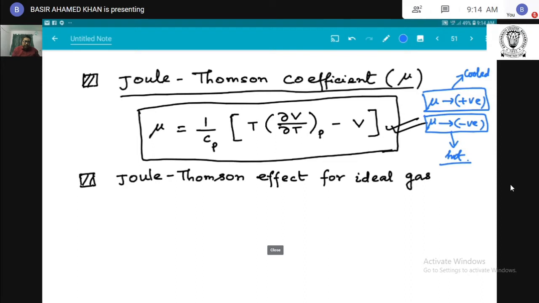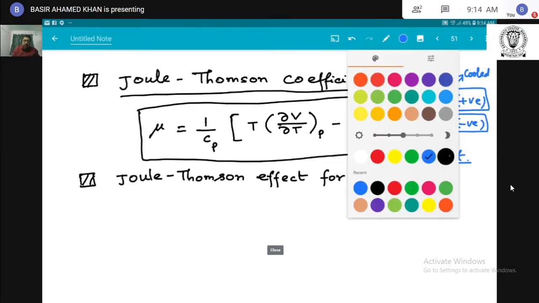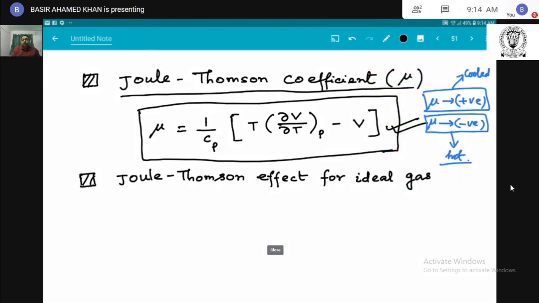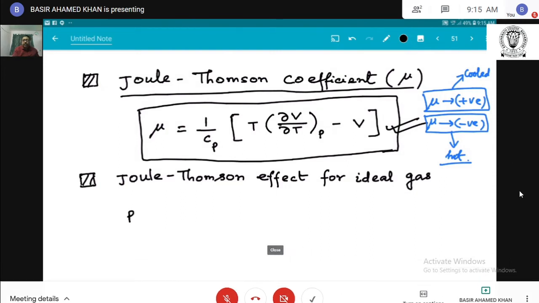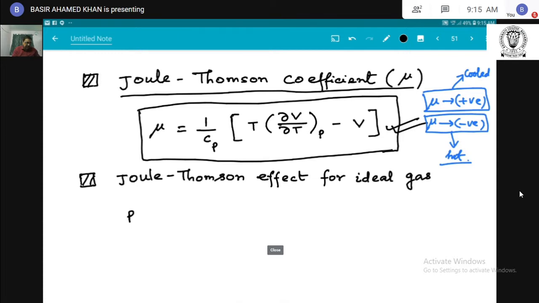Now I want to obtain the Joule-Thomson effect for ideal gas. For an ideal gas we know that PV equals RT for 1 gram mole of gas.